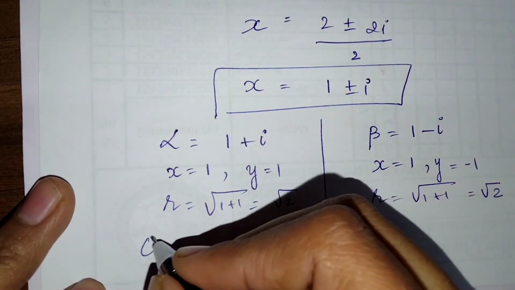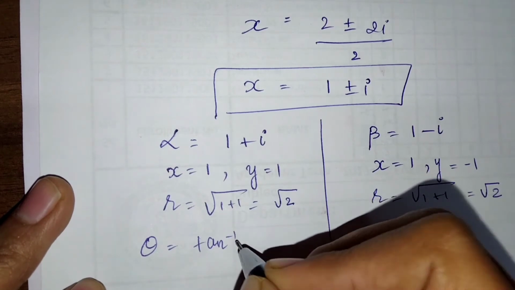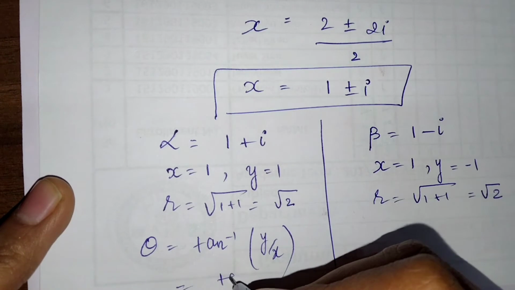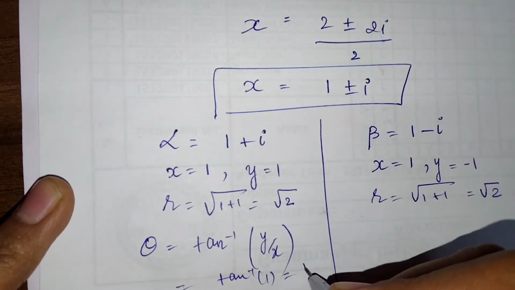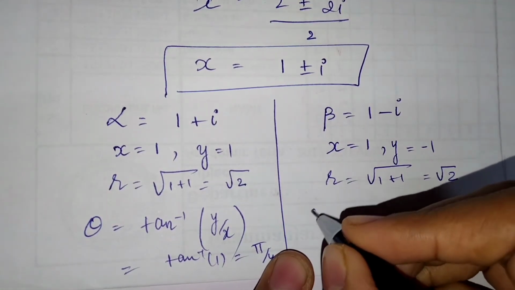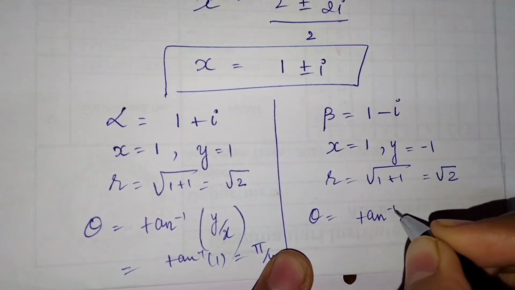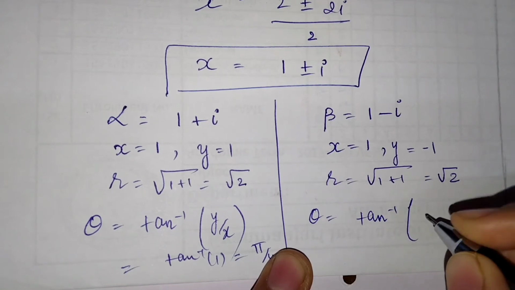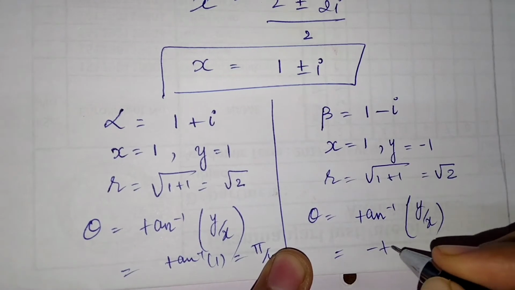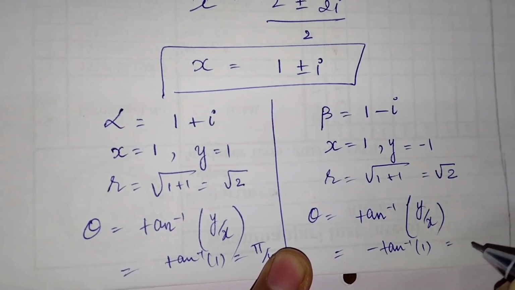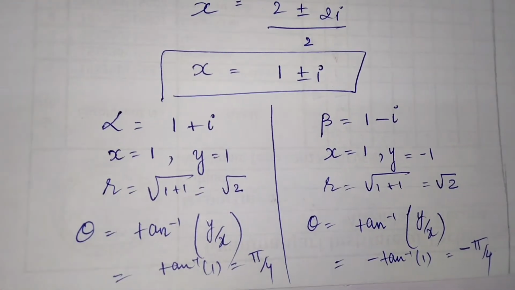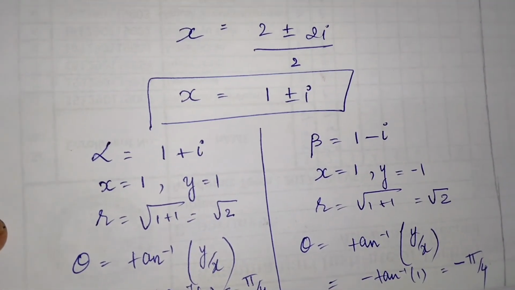Again here theta will be tan inverse y by x, that is tan inverse 1, that is pi by 4. But here theta is tan inverse y by x, and the y value is negative, so we will get minus tan inverse 1, that is minus pi by 4. Okay, so we got the value of theta and r.